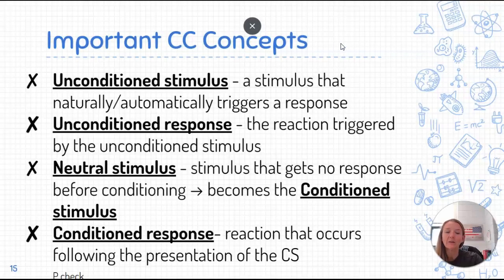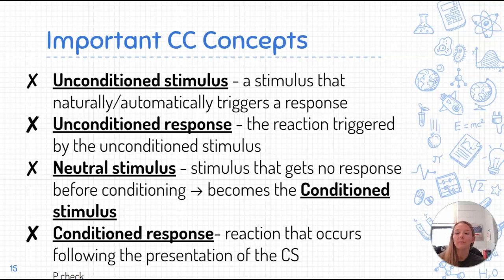Let's break down those four or five concepts that I was just using when I was talking about the dog. Our unconditioned stimulus is the thing that naturally or automatically triggers a particular response. In the Pavlov instance, food naturally and automatically causes the dog to salivate.